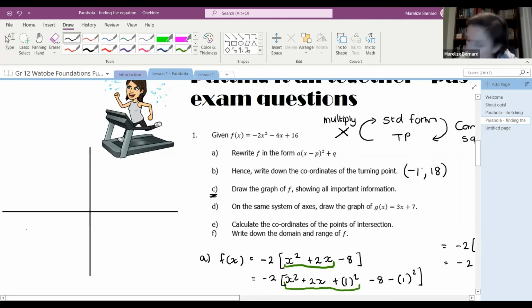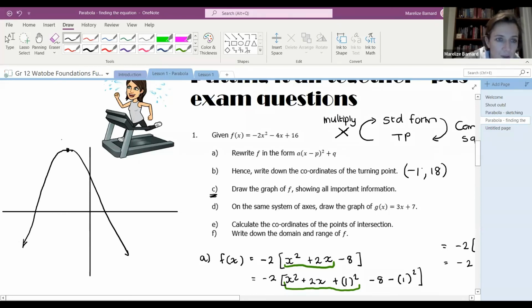Okay, so let's draw. It's going to go through the x-axis at -4. It's going to turn at -1. Then it's going to cut the y-axis. It's 16.